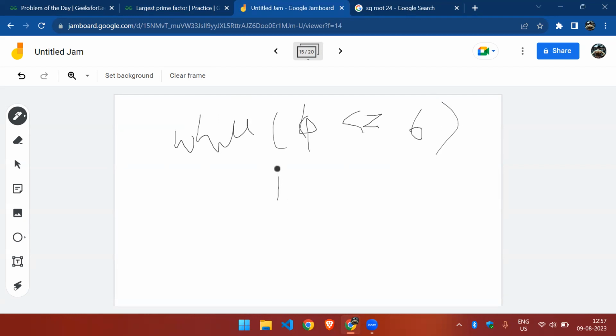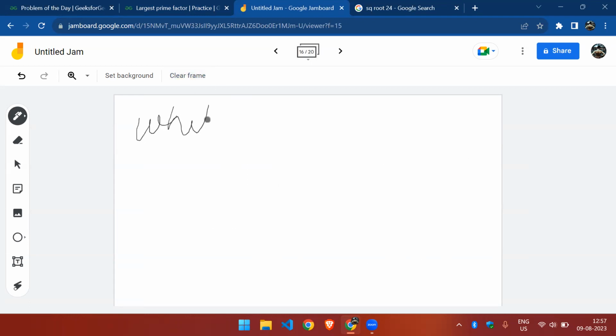Yes, this condition is satisfied, and here we check if 6 is divisible by 2. Again we remove the factor of 2 from the 6, so the n becomes 3. Now in this case, the while loop condition becomes invalid, since 4 is not less than or equal to 3, right?